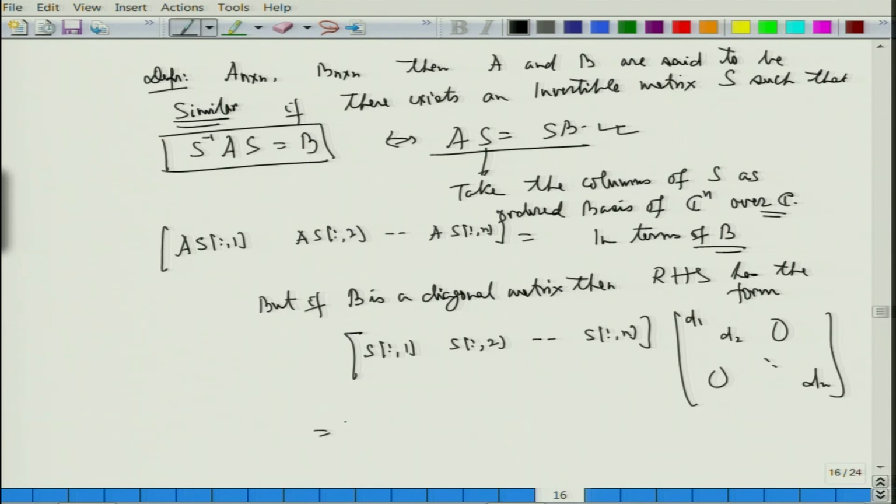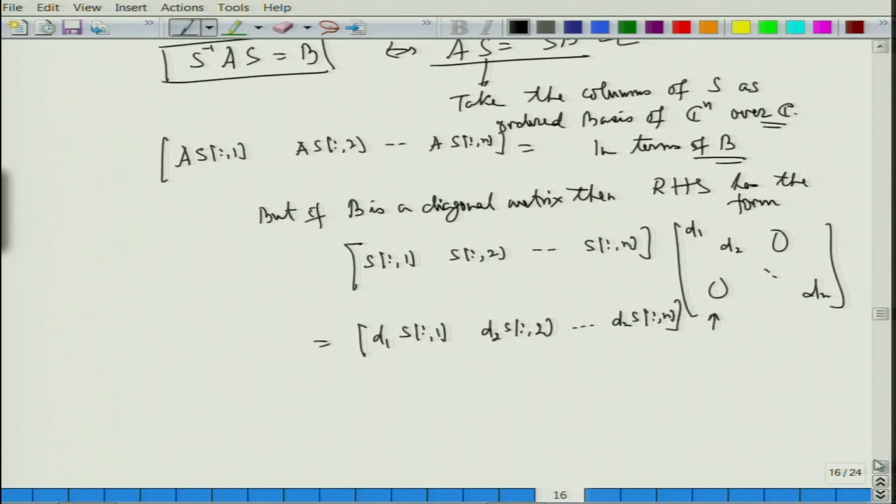Then this first column is getting multiplied by the first one, second by the second, and so on. So this corresponds to D1 times S of this, D2 times S of this, and Dn times S of this. Fine. So look at this.